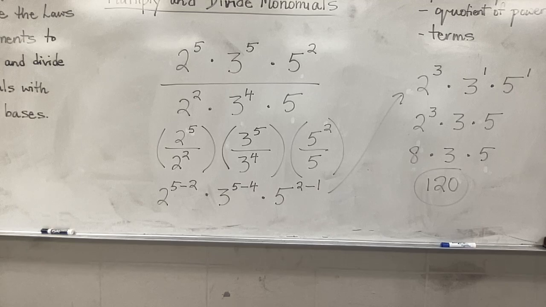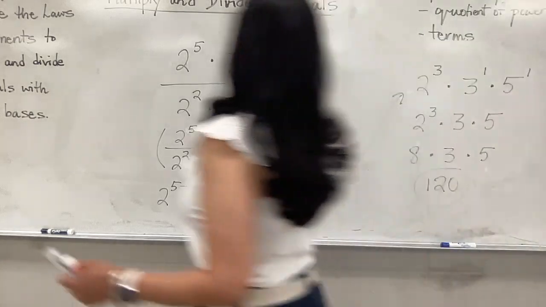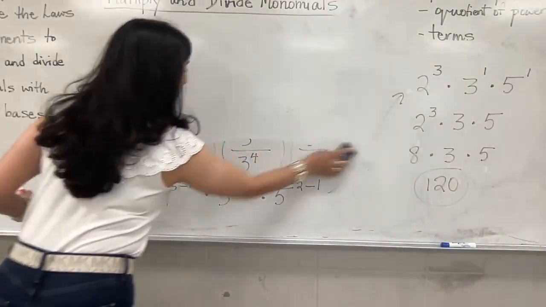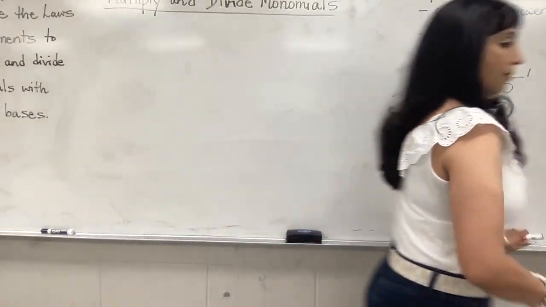Okay? So let's talk about which expression. We are just going to convert this into an expression which is showing the simplified form. So I'm going to go ahead and do another problem, and I am just going to show you the simplified expression of this. All right.